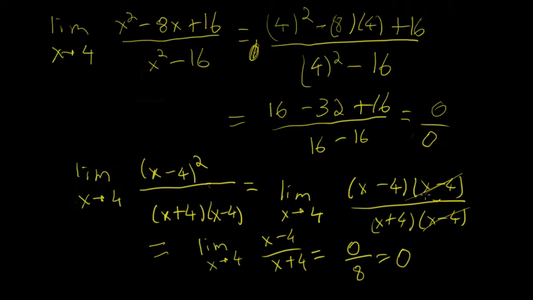And that helped us cancel these x minus 4 terms that were causing a problem, giving us that 0 over 0. So we were able to get a non-zero term in the denominator. So we saw the limit's actually 0.